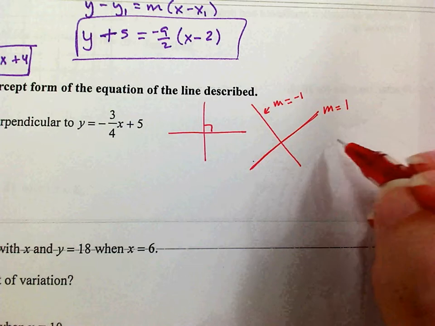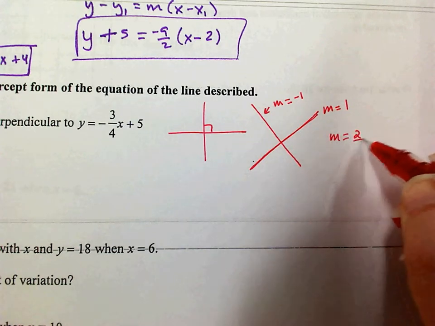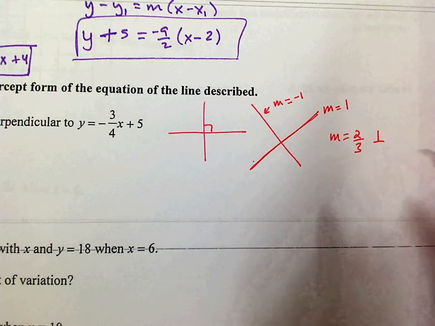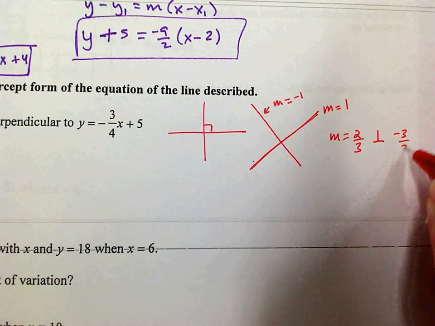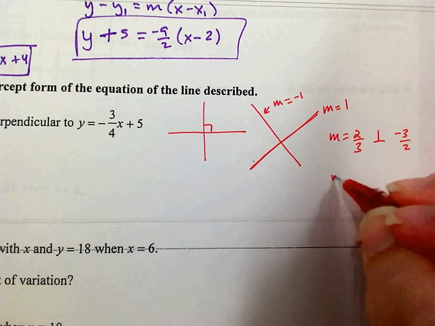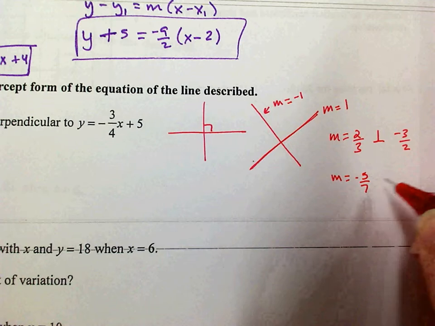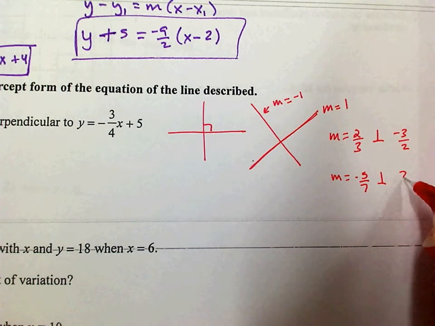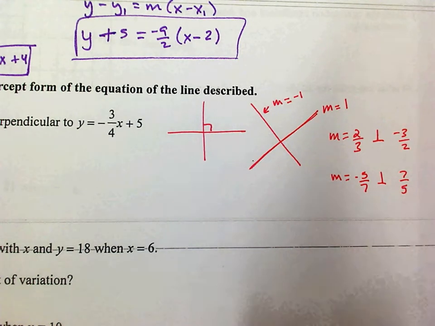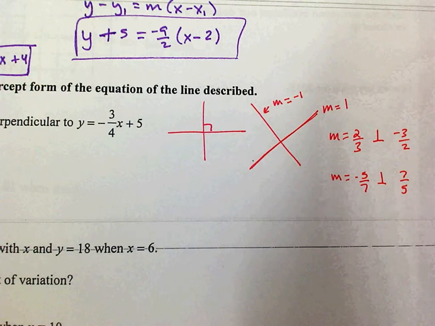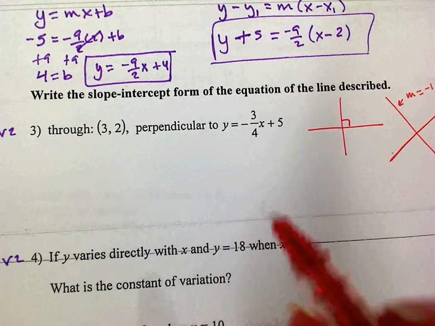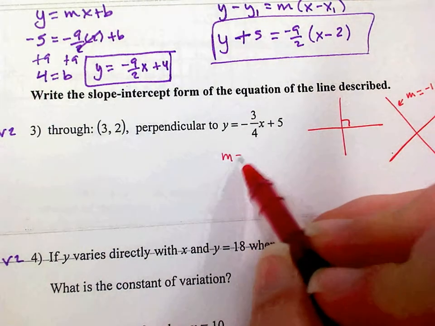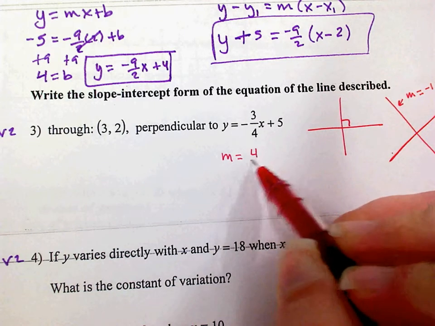So if my slope is, say, 2/3, then the perpendicular to that would be -3/2. If my slope is -5/7, then perpendicular to that would be +7/5. So you change the sign and you flip the fraction. Okay, well, perpendicular to this would mean my slope is +4/3.